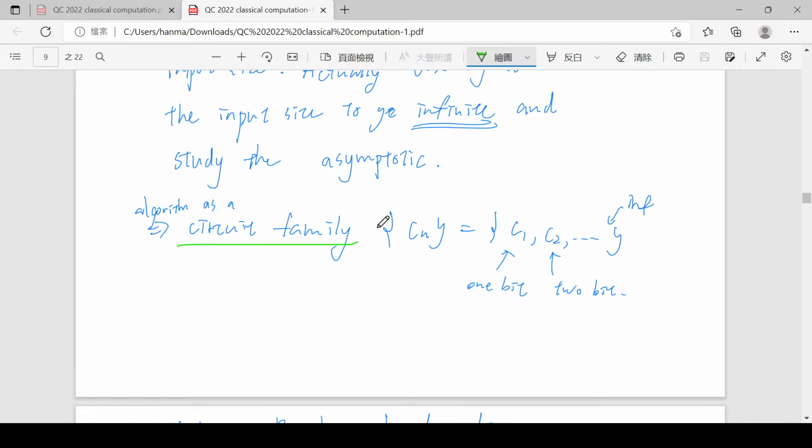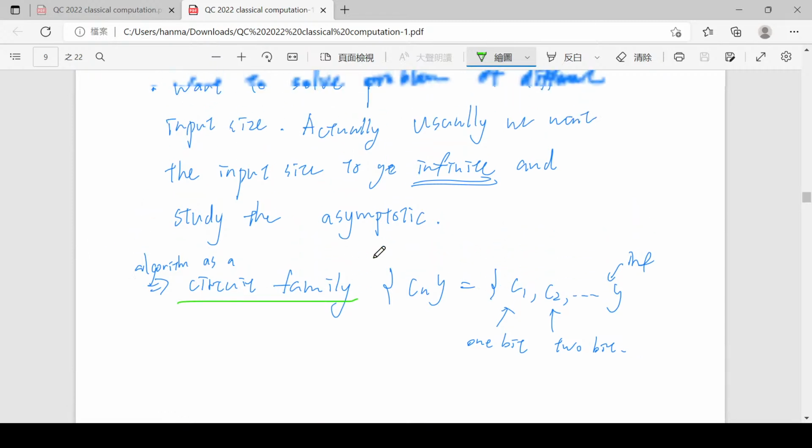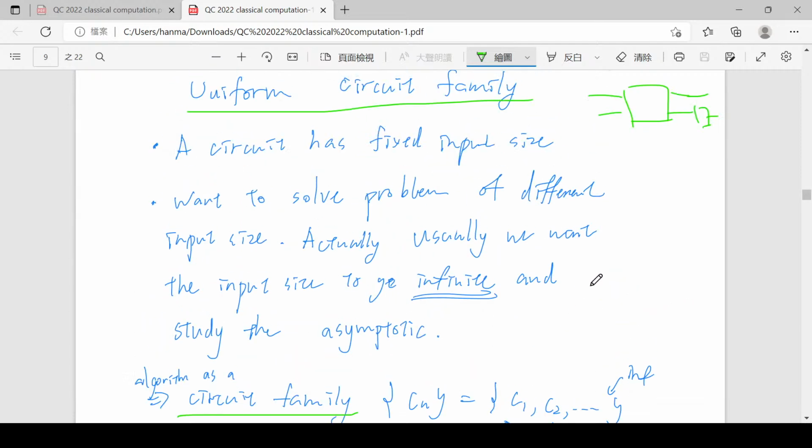And that's just the infinite-size set of all the circuits for different input sizes. Okay. So that works. You just have this family, an infinite-size set, and it will have a circuit for 1 bit input, a circuit for 2 bit input, etc., all the way to infinity. So this way you can cover infinite input sizes with all different circuits.